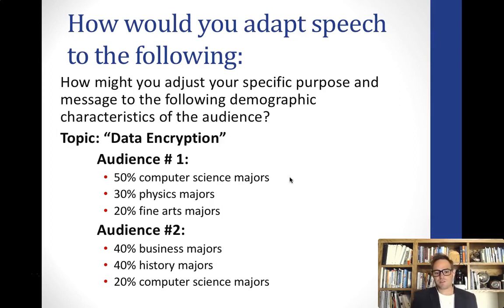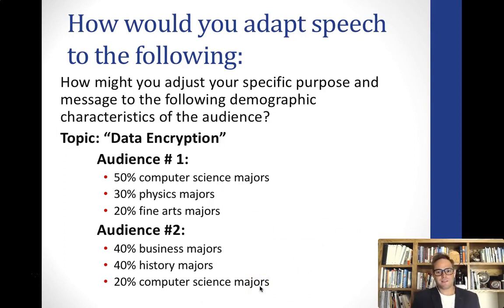With the history majors, we might give a brief history of the progression of data encryption and maybe case studies in history that relate to businesses being hacked or having their data breached. And then, of course, for the 20% of the computer science majors, we could offer them something in our speech as well.